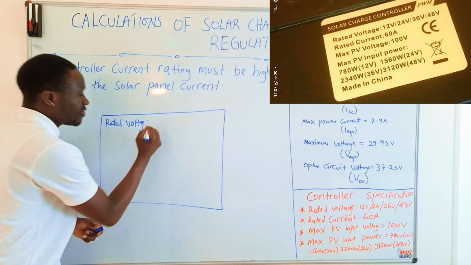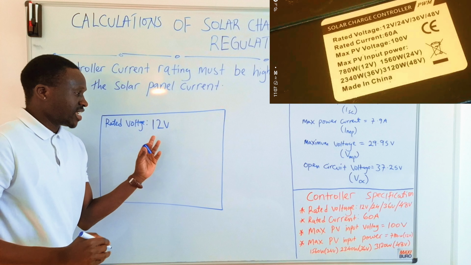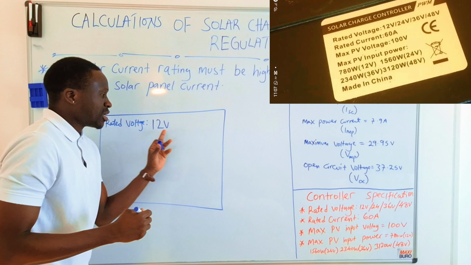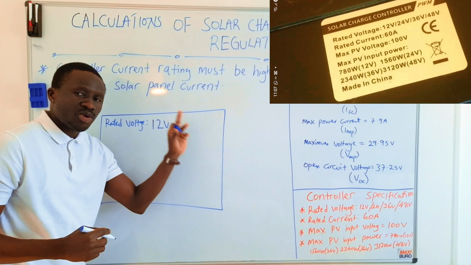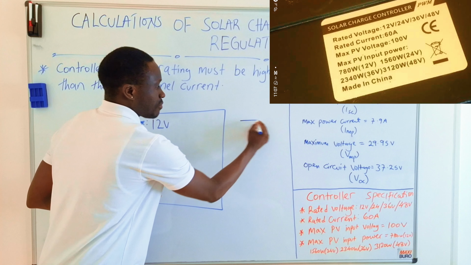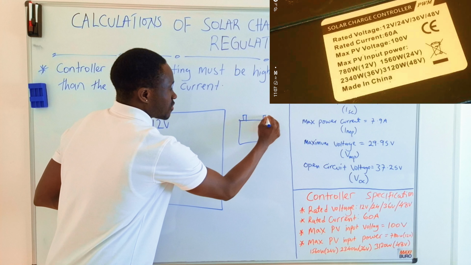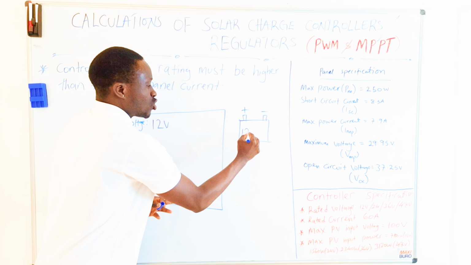Let us say if it is 12 volts, this regulator is rated at 12 volt. Okay, still your battery must match. You must use this regulator on the 12 volt battery. This is your battery, positive, negative. It must also be 12 volts.